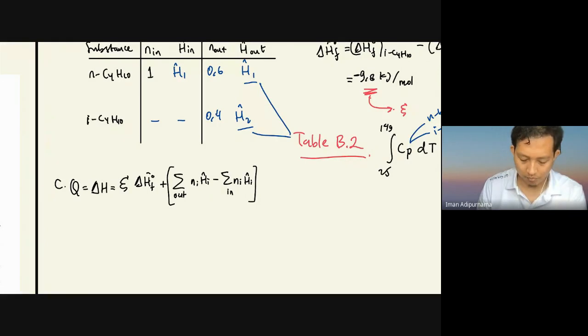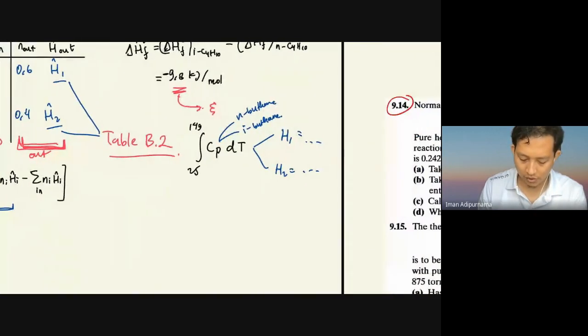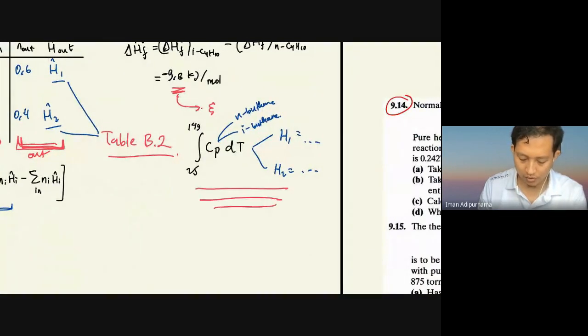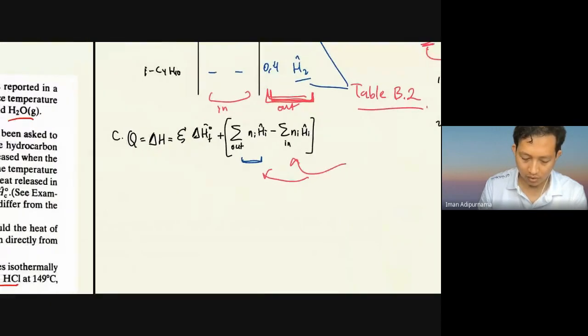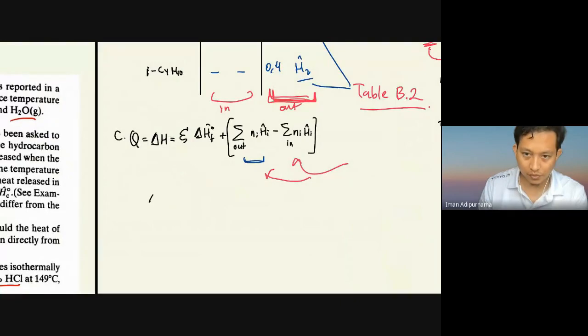And then you can plug in from the table. This is the output, and this is the input. Using the enthalpies that you get from table B2, you put them all here, and you get the result for delta H, some value there.